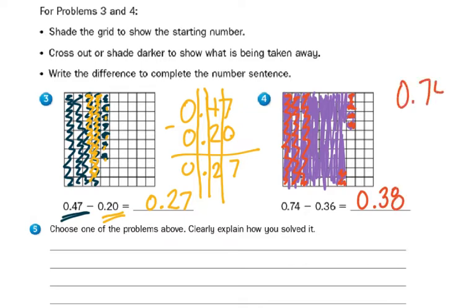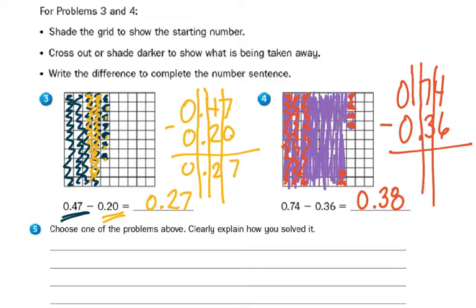You can take 74 hundredths and subtract 36 hundredths from it, as long as your hundredths, tenths, and decimals are all lined up. And you'd subtract like you normally would. Don't worry about problem number 5.